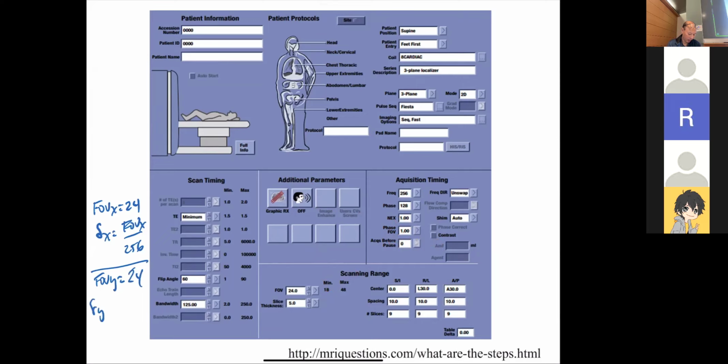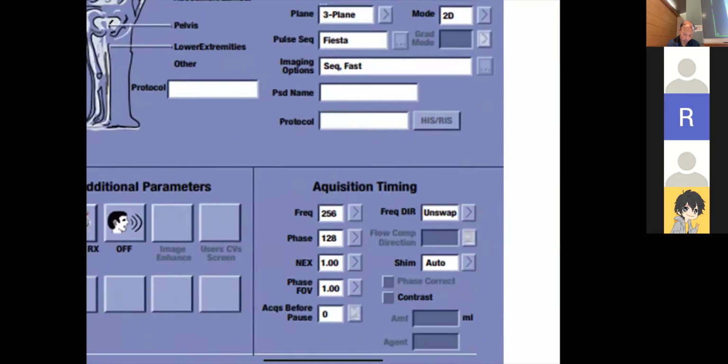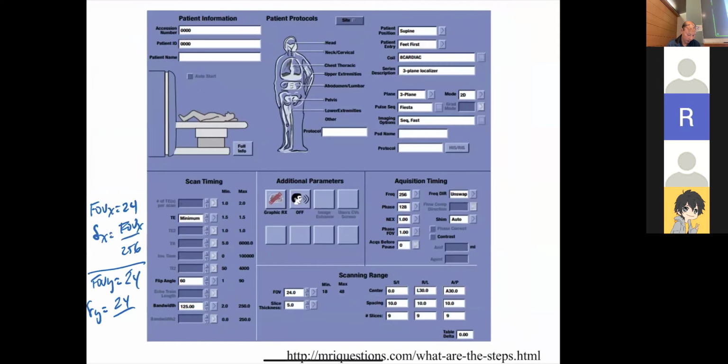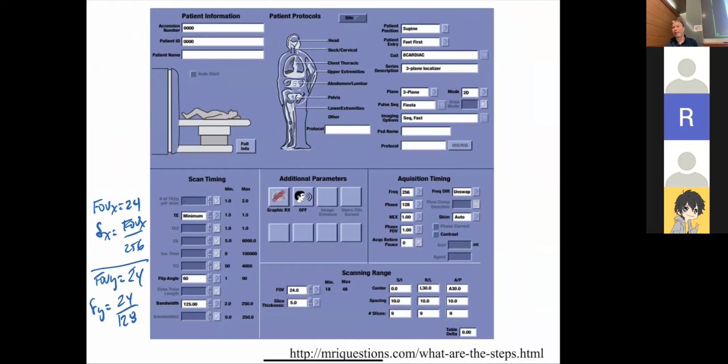And delta Y in this case is 24 over, what is it, 128? That's just how that manufacturer decided to implement it. Basically, people think, I want a field of view and I want this many voxels this way and this many voxels that way. So you can think about voxel size, or you can think about how many voxels you want per axis.